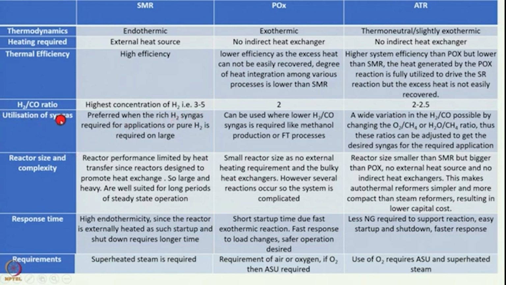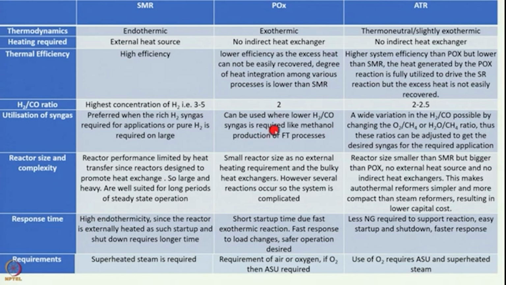Now this method of steam methane reforming is preferred where we require hydrogen-rich syngas, or in processes where we want pure hydrogen, since we can separate out the other impurities from the hydrogen in the purification steps and then get pure hydrogen, or in processes where the H2 by CO ratio required is higher, where we can use the syngas.